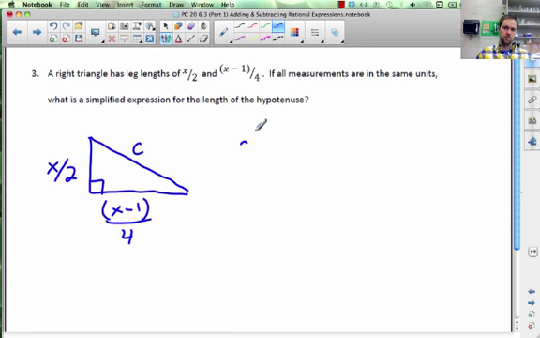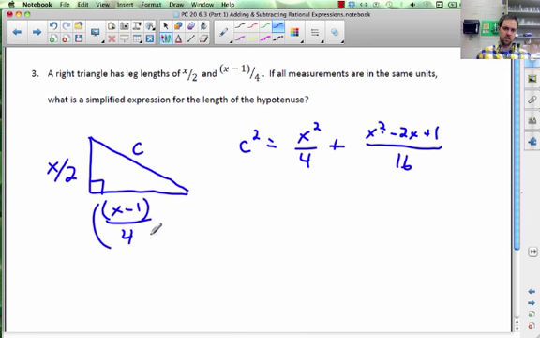Okay, so c squared equals leg squared plus leg squared. So x squared over 4 plus x squared minus 2x plus 1 over 16, which is this whole thing squared.